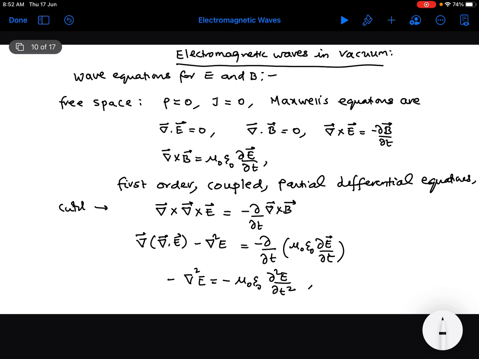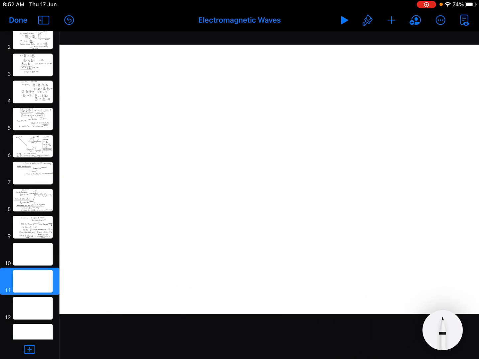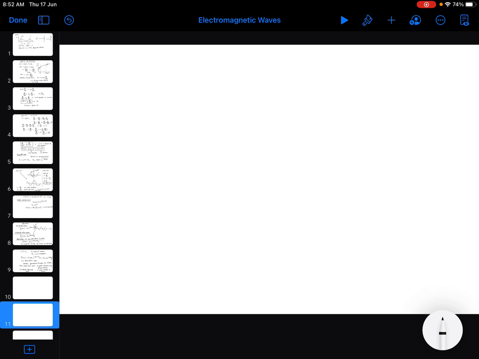Similarly, we apply curl to Ampere's law.